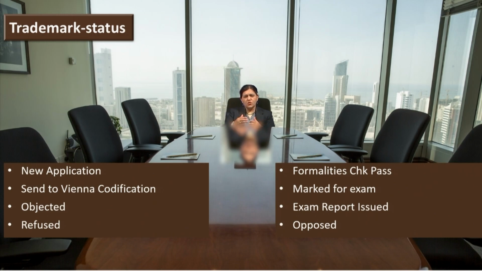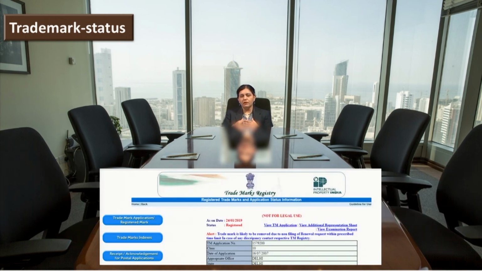So, there are so many other statuses. If you want to check a status, you can just go on the website and there is a special window for checking status.